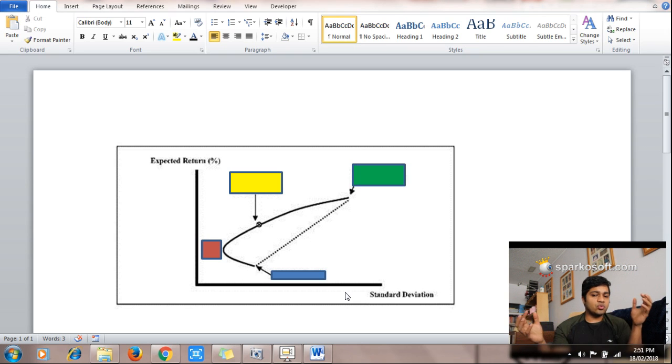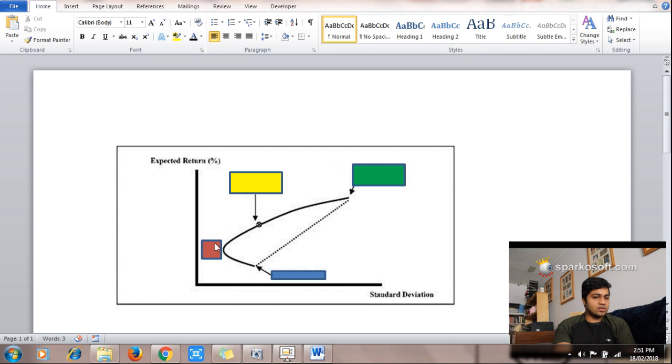If you combine two assets and they have negative correlations, you can even reduce the risk of a portfolio below the least risky asset in the portfolio. So treasury had, let's say, 1% risk, so we can go below this risk by adding equity because they have negative correlation. So this point is called the minimum risk portfolio.